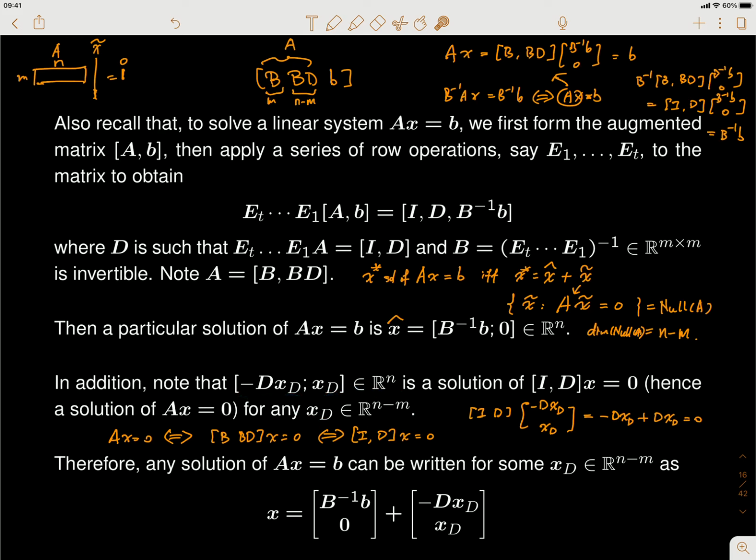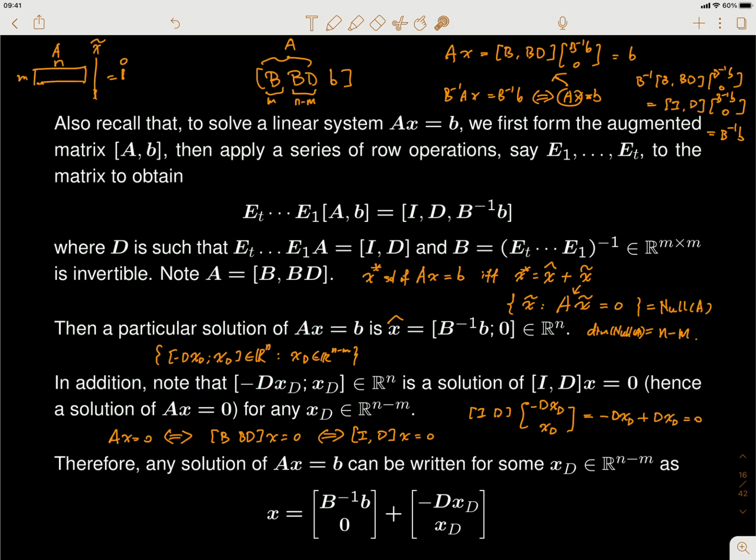Consider the space formed by these vectors, negative D X_D and X_D, which is an n-dimensional vector, where X_D can be an arbitrary n minus m dimensional vector. We said that every one of these will be inside here, so this is a subset of this set.